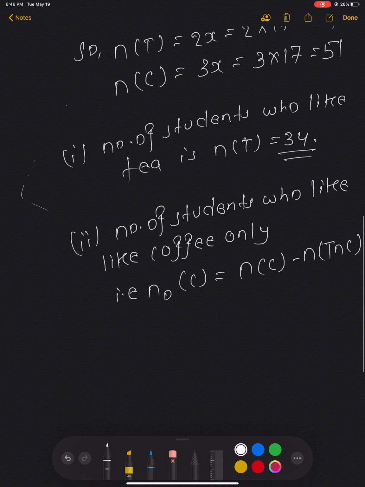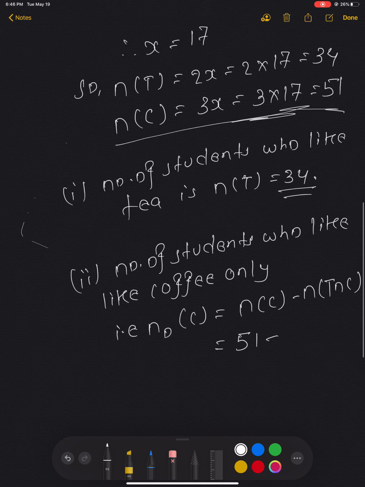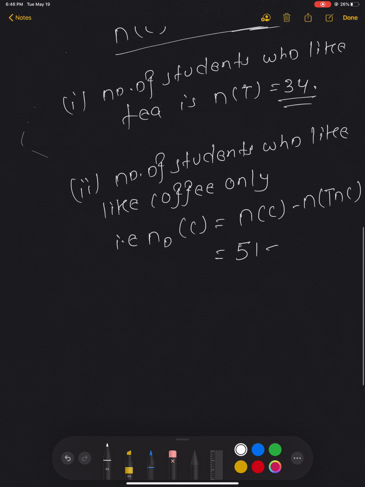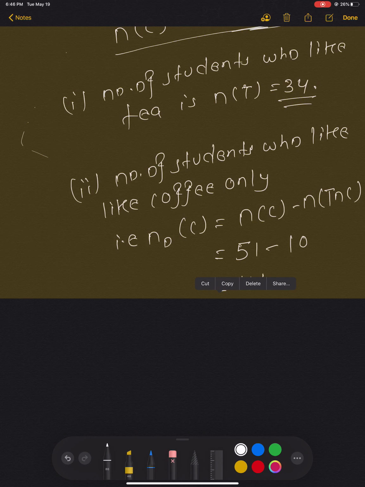That's your formula. So n(C) is how much? We got 51, right? From here, 51, and we are given that n(T intersection C) is equal to 10. So 51 minus 10 gives you how much? 41.